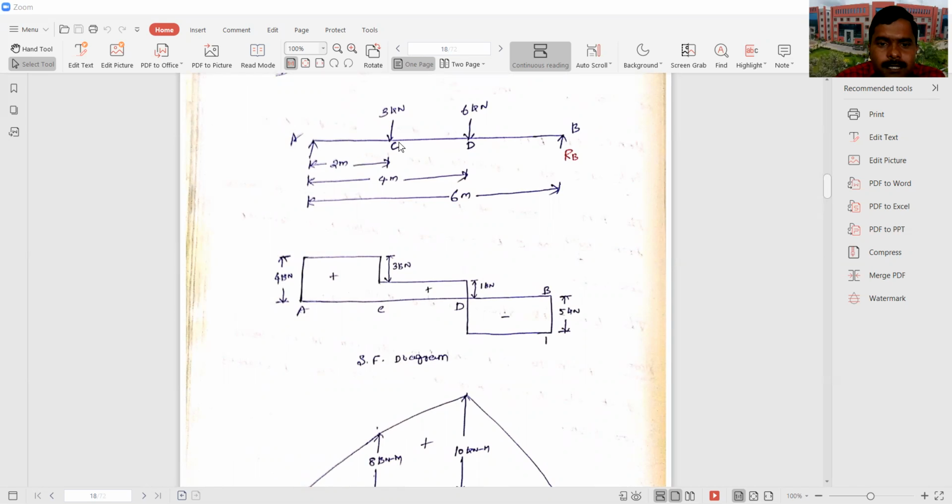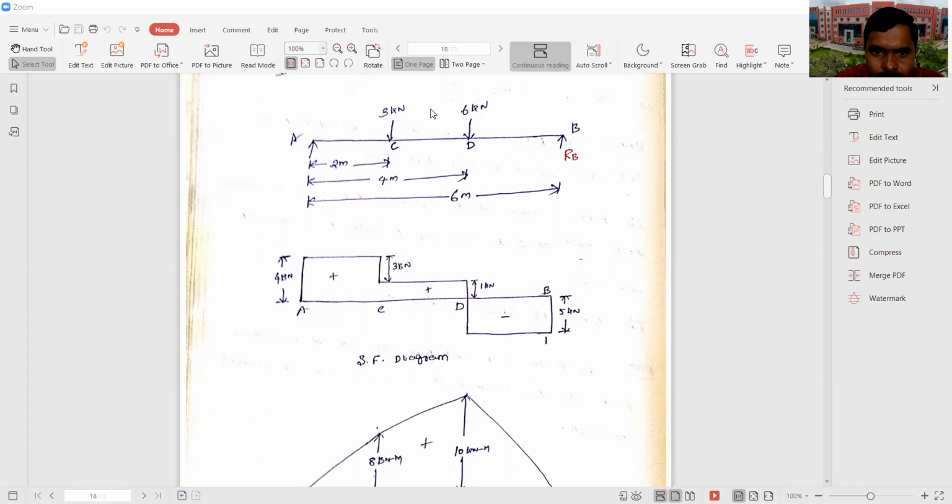In between A and C there is no force, therefore this 4 kilonewton continues horizontally up to point C. Now, the 3 kilonewton is acting downward, which is negative. Here 4 kilonewton positive, 3 kilonewton negative, so 4 minus 3, therefore positive 1. This plus 1 value continues up to point D.